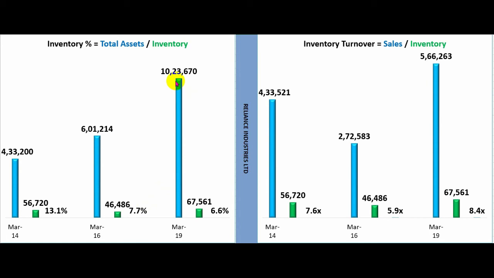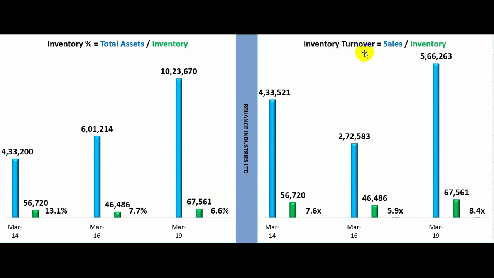Against the total assets of 10,23,000 crores, the company's inventory holding, that is the amount of inventory or the raw material still in progress of manufacturing, was 67,000 crores. As I again mentioned, we don't want to hold a very high inventory, which would mean that the company's money is stuck in these inventories.